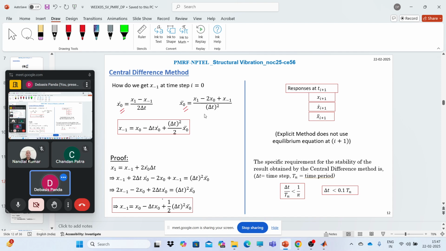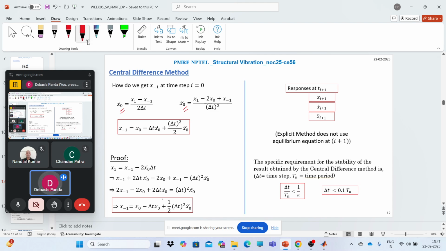Now if we solve this equation, the proof is given and it's pretty straightforward. We will have x of minus 1 equal to x naught, the initial displacement, minus the time interval multiplied by the initial velocity, plus delta t square by 2 times x double dot naught. So now we have all the quantities to solve for the responses.